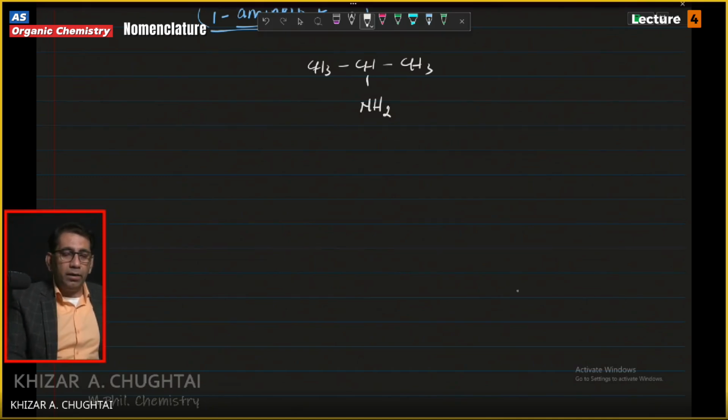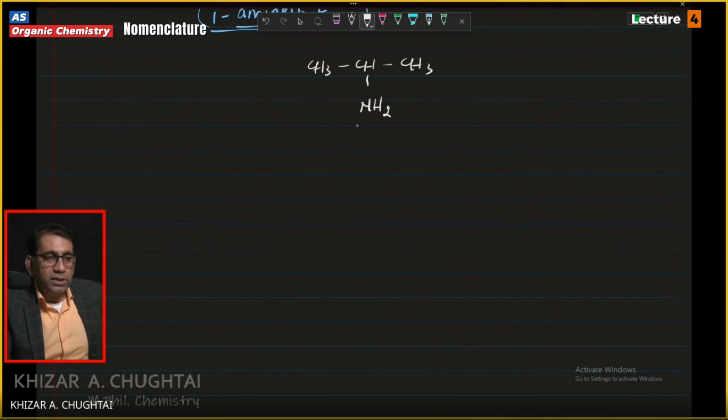So once again, as I told you, please take this NH2 group as a branch, treat this functional group as a branch, as the halogens are treated. Halogens, I mean chlorine, fluorine, bromine, we write them chloro, bromo, iodo. Similarly, amino. These are functional groups, but they are treated like a branch.